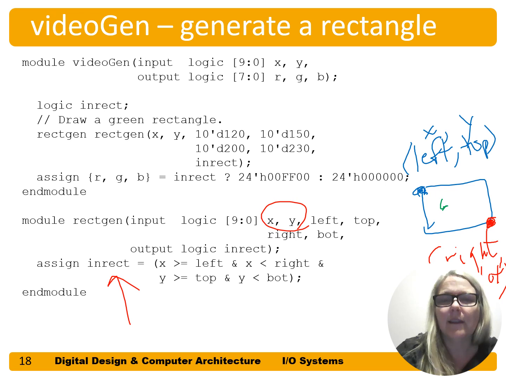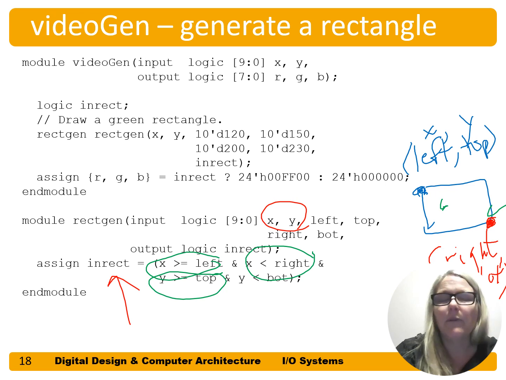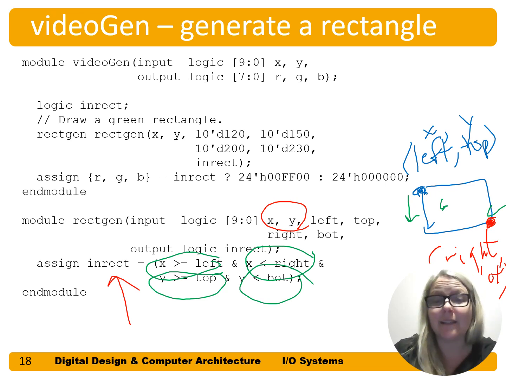It would say, if X is greater than or equal to left, it is, and X is less than right, it is, and Y is greater than or equal to the top, remember Y increases this way, it is, and Y is less than the bottom, it is, then it'd say, yes, that's inside the rectangle that I want to draw.